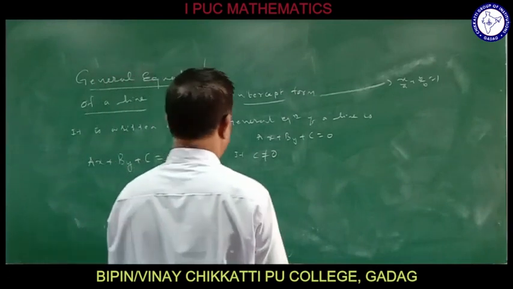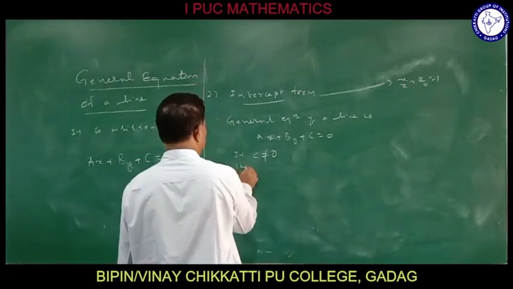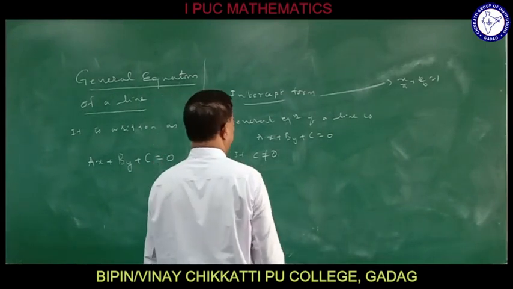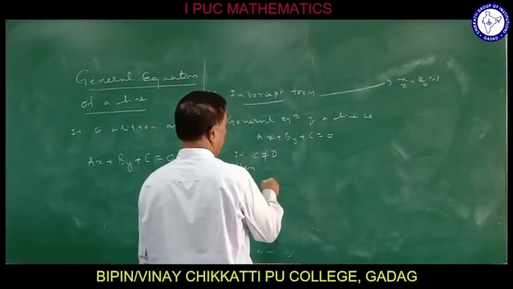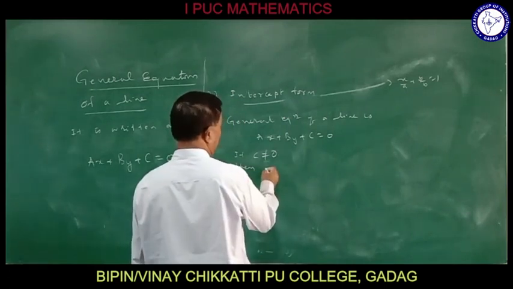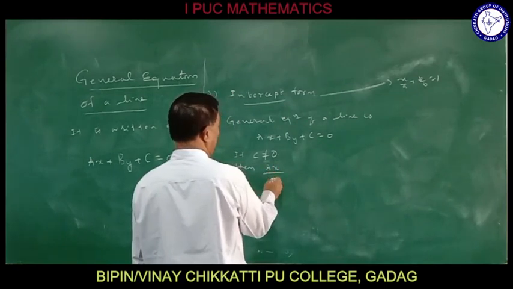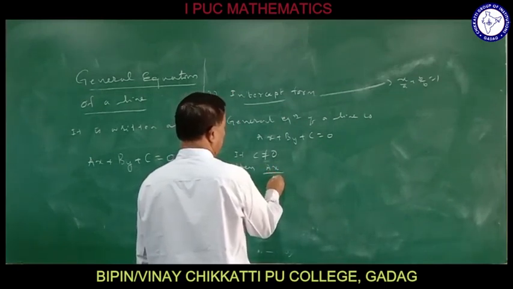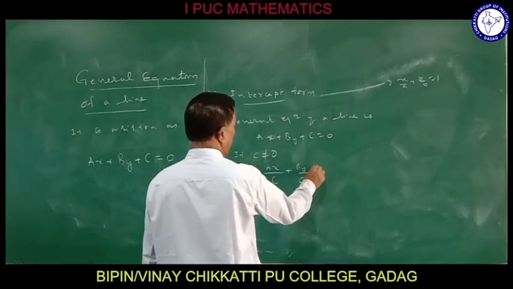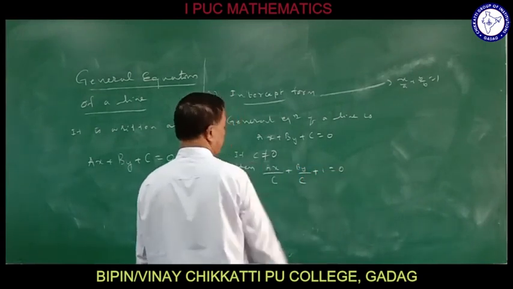So if c is not equal to 0, then what happens? You can go for simplification. Dividing both sides by c, ax by c plus by by c plus 1 is equal to 0.